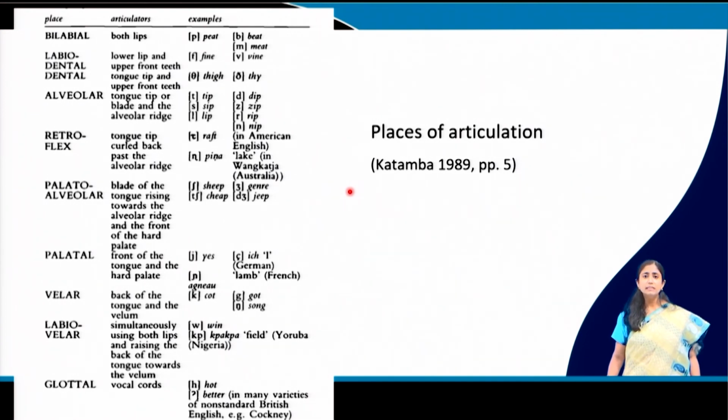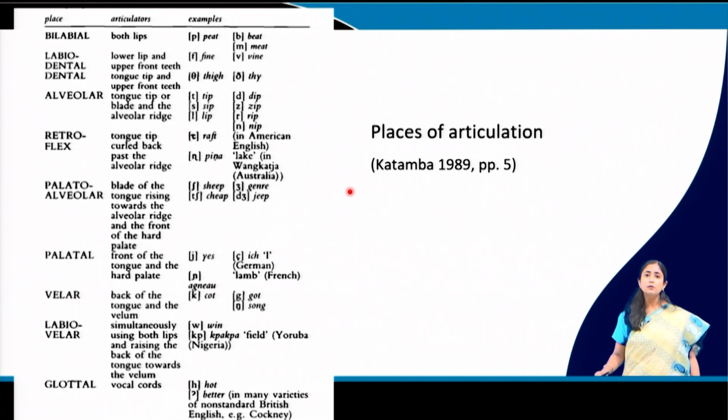So, it is very easy and convenient to understand if you also try to produce these sounds. You know the process of how to produce them, you know which articulators are involved. If you try to use those articulators and produce these sounds, you understand better which articulators are involved in the process.